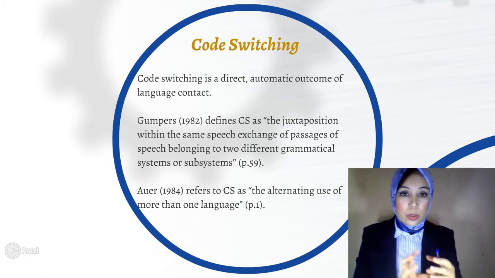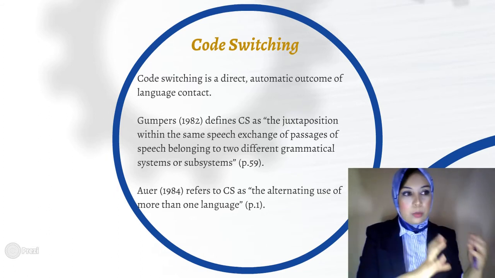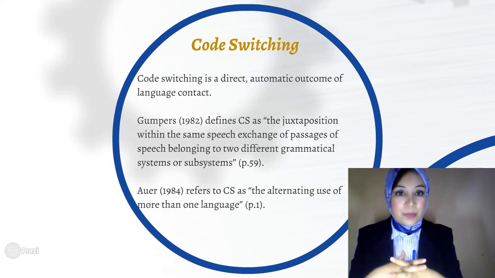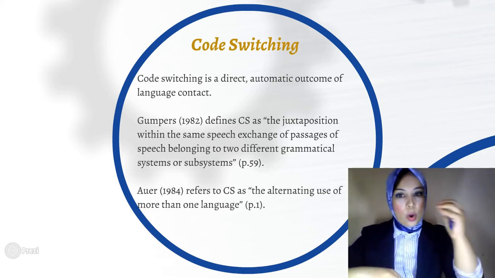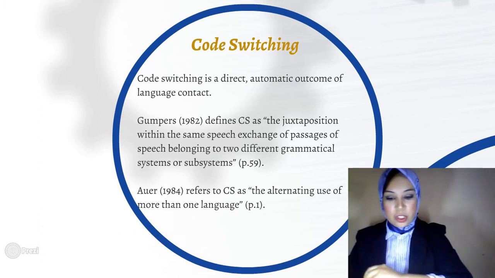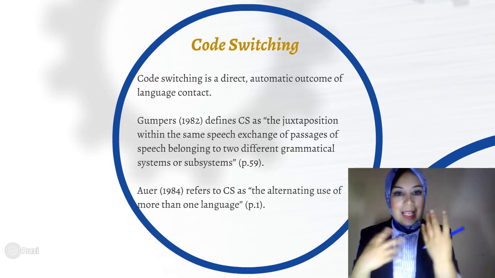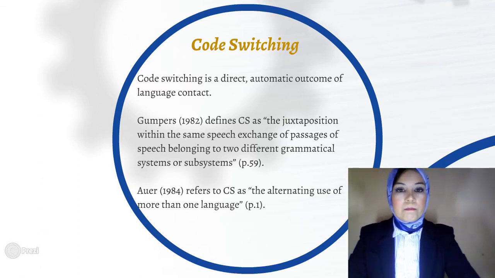It is an automatic or natural result of language contact. In other words, when languages come into contact, of course, there are different results. Among them is code switching, which refers to the alternation or the use of more than one language in the performance of the speaker.